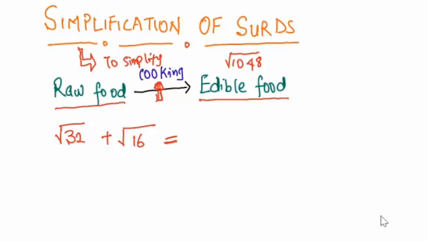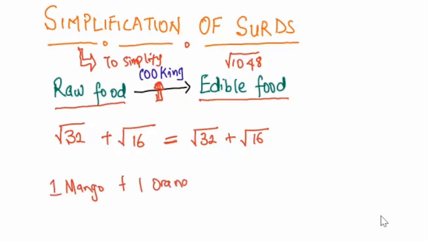When we see this surd, from our previous video lesson, we said that if surds are different, you cannot add them. So in real sense, my answer to this question will be root 32 plus root 16, because the surds are different, just like having one mango plus one orange.